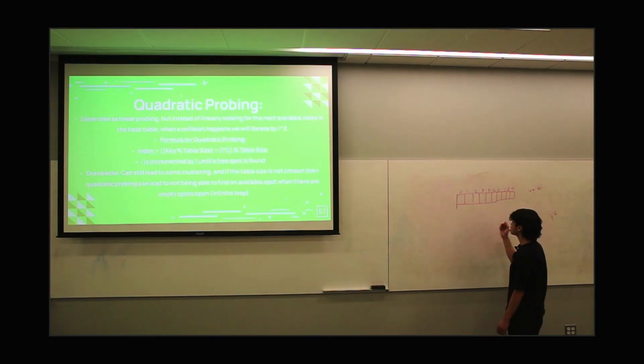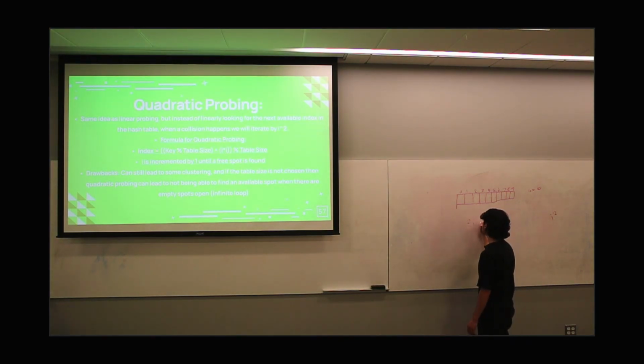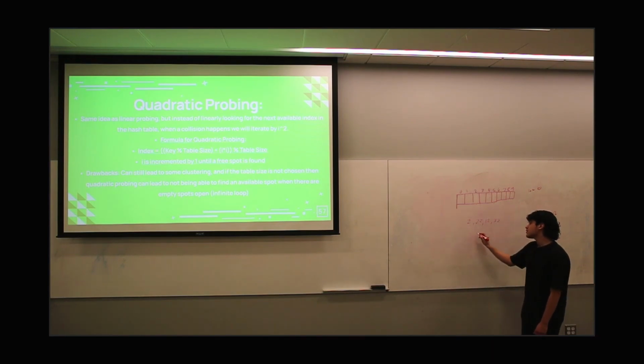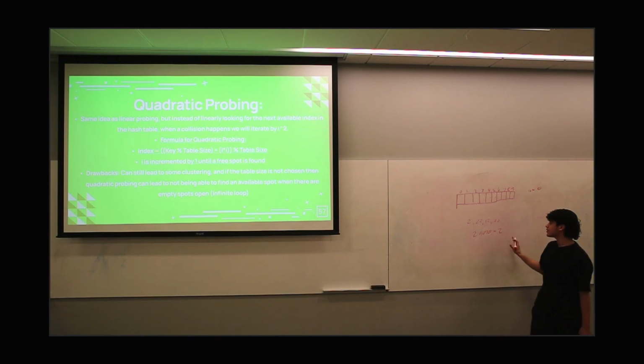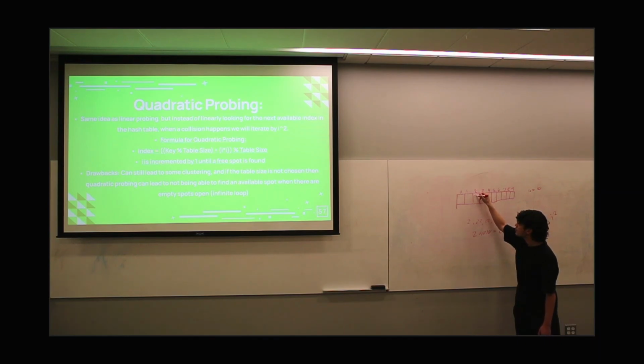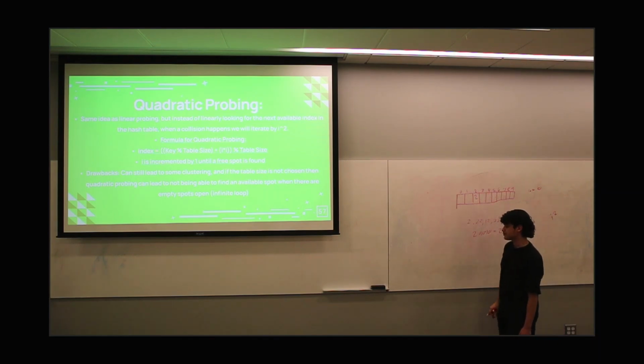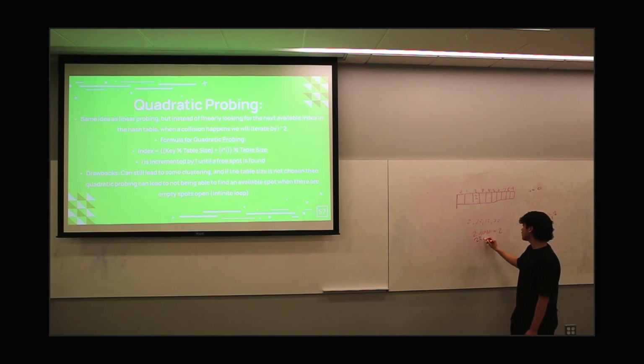So let's just do 2, 22, 12, 32, right? First one, 2 modulo 10 is going to equal 2, right? Are there any collisions at 2? There's no collision, so we're going to go ahead and put 2 in index 2. All right, now 22 modulo 10 is going to give us 2.